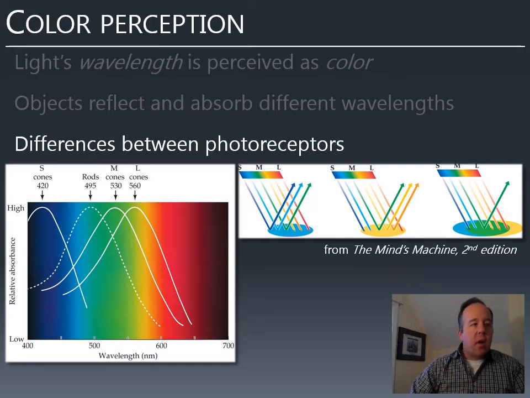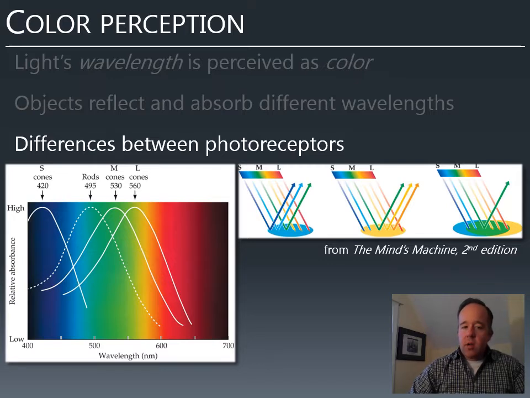And so depending on the combination of response sizes that you're getting from these different cones, you can tell what color of light is hitting them. So that covers both the wavelength that a particular cone is most sensitive to, but also anywhere in between. Because again, you will get different response sizes from the different cones, and you can tell what color it must be based on the combination of those responses.